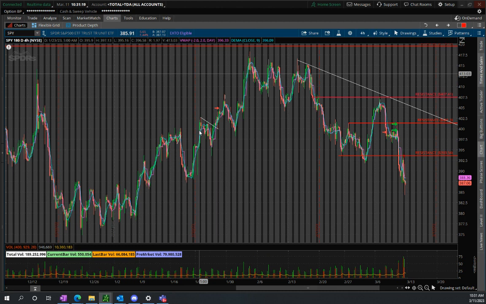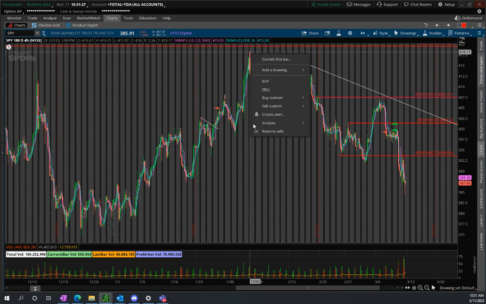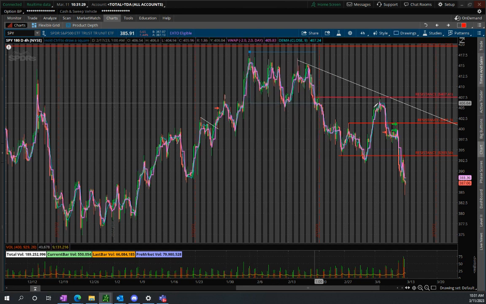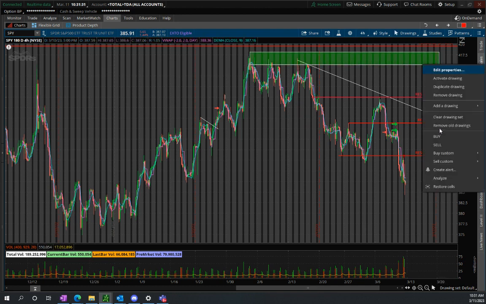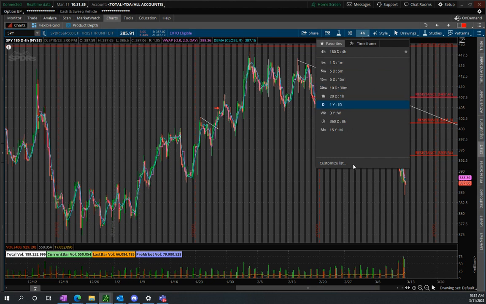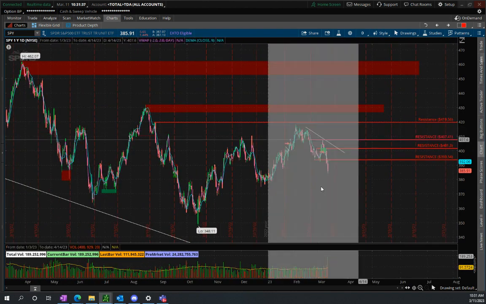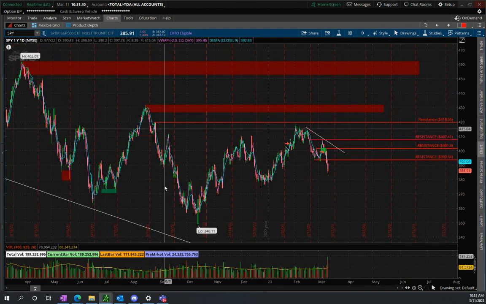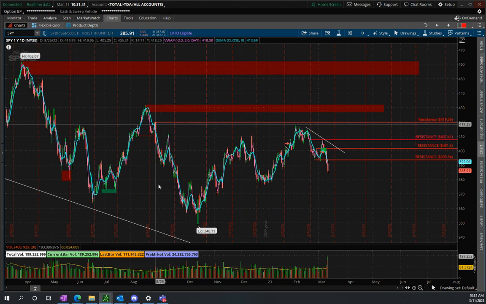We're looking to identify a potential move, an area where we're looking for a specific seller or buyer to step back into the market. Areas of value, areas of interest, and we always talk about that prior price movement.